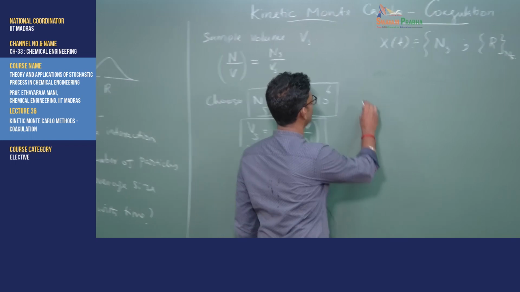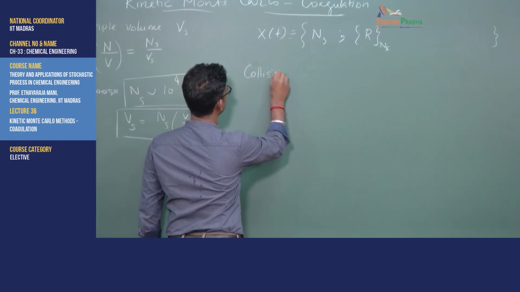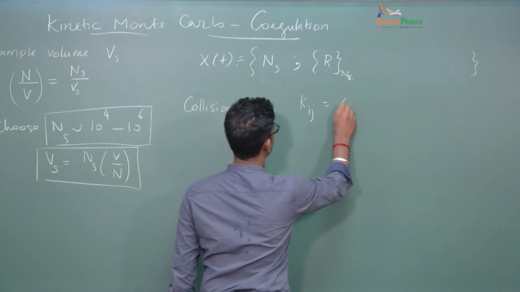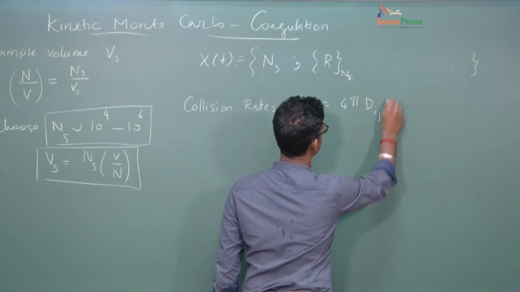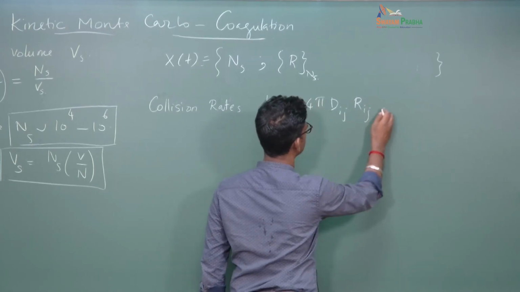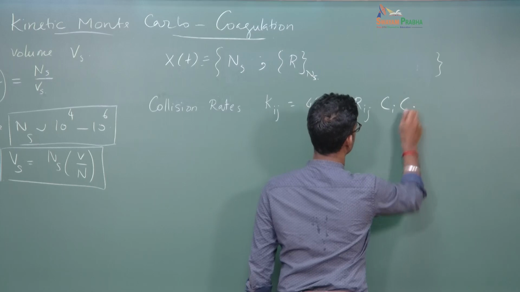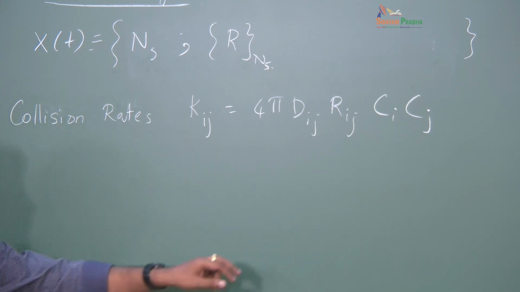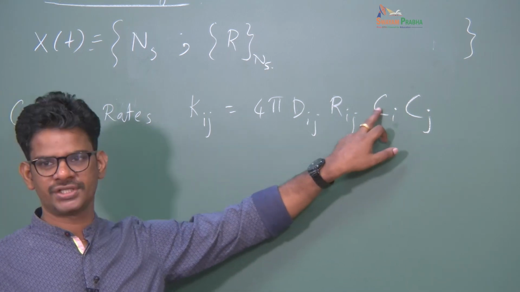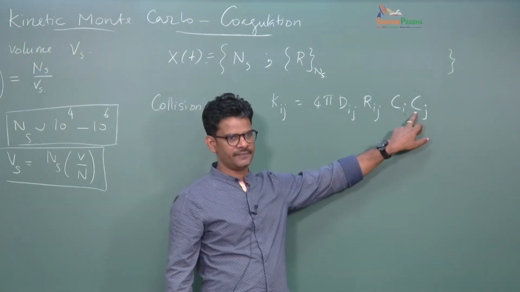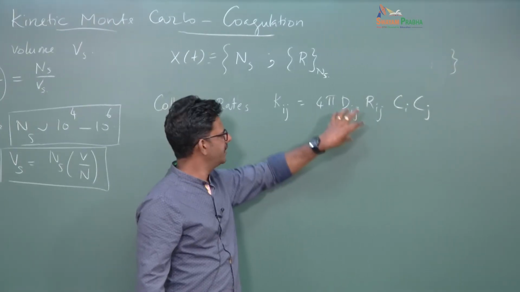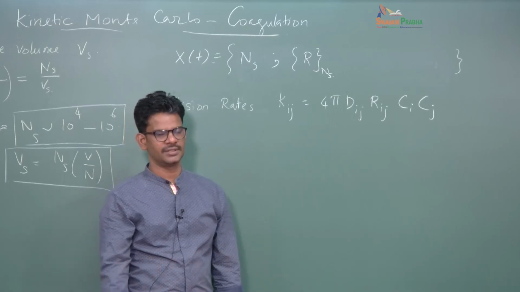So now the collision rates. If you recollect the theory that we talked about in calculating the collision rate, if I have a population of ith particle with concentration Ci and jth particle of concentration Cj, the collision rate is going to be given by 4 pi Dij Rij, where Dij is the diffusion constant.